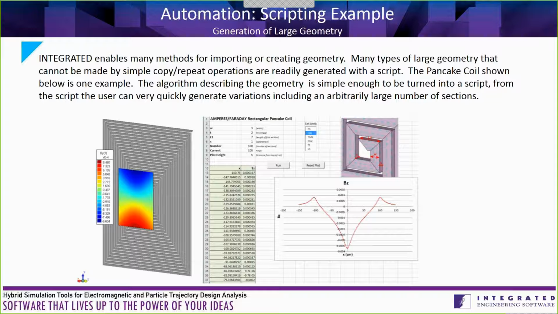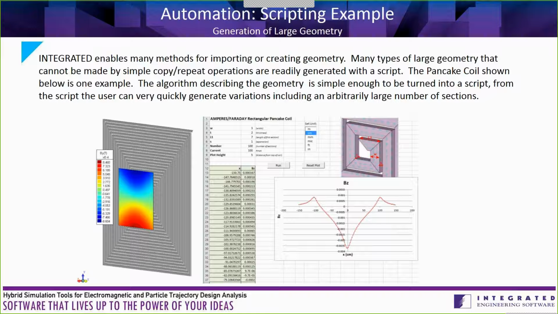One more example. A lot of very large geometry that gets made is very regular, but some of it is kind of quasi-regular, like the pancake coil shown here. So the pancake coil, every section is a little longer than the last section.